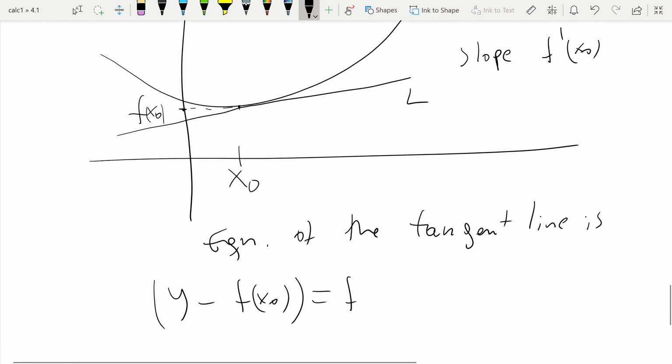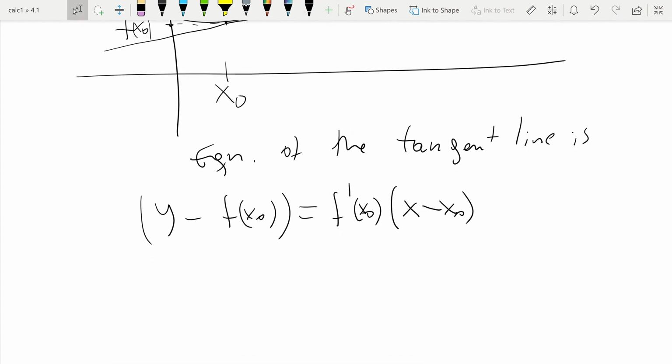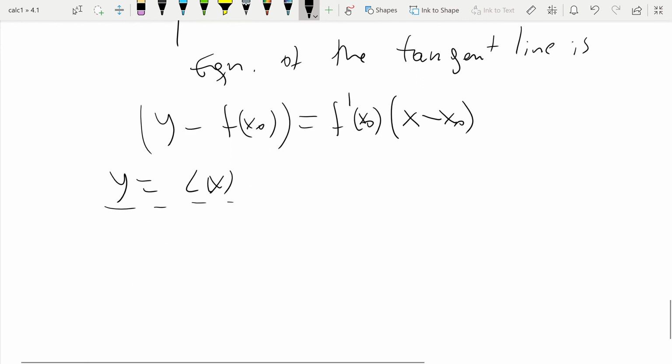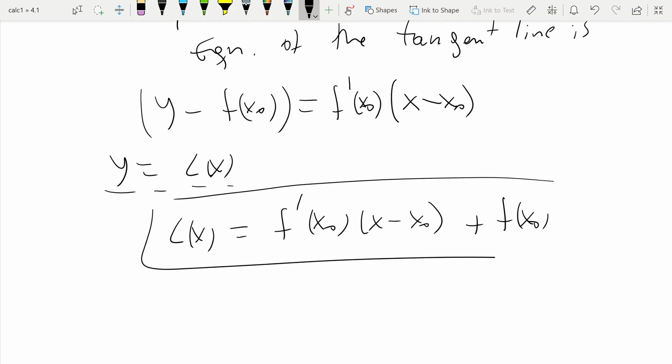This is the point-slope form of a linear function: f prime of x0 times x minus x0. Actually, y here is the value predicted by L of x. So if you move f of x0 to the other side, you get exactly the equation for the tangent line. And this is what we're saying.